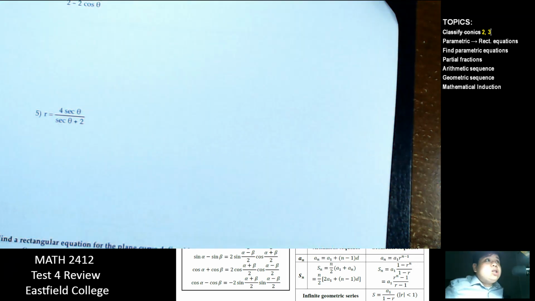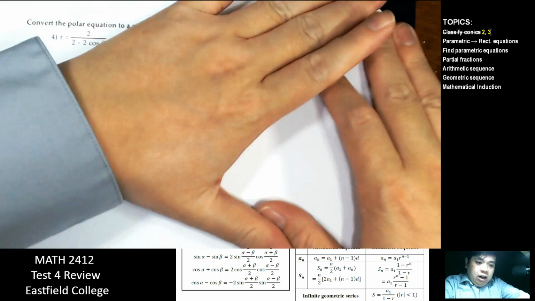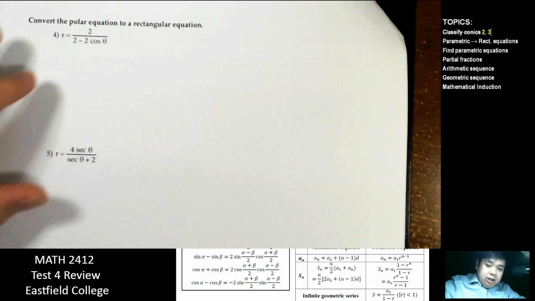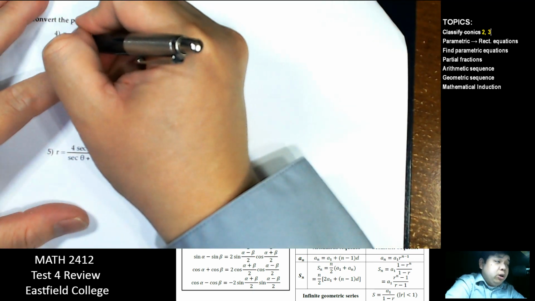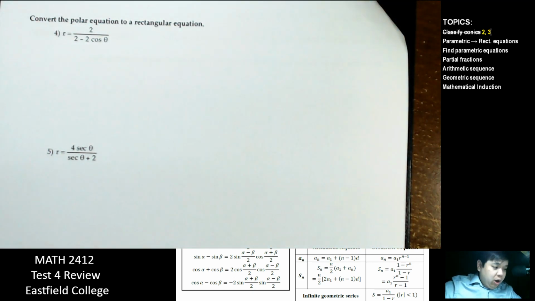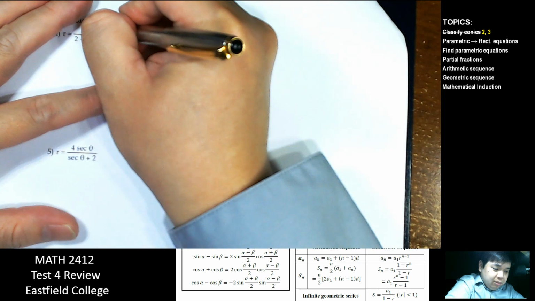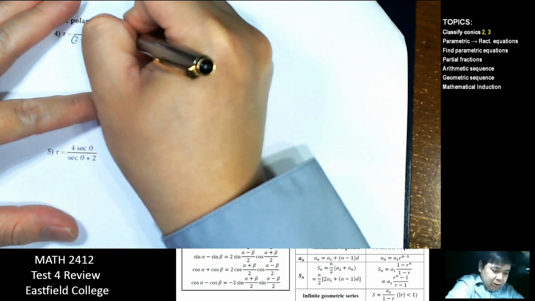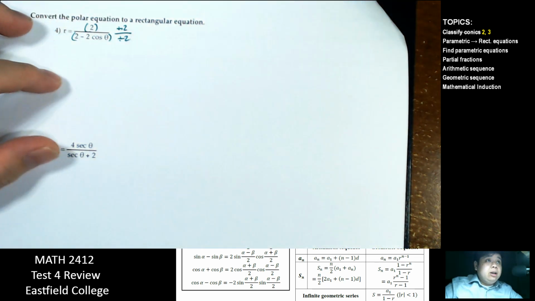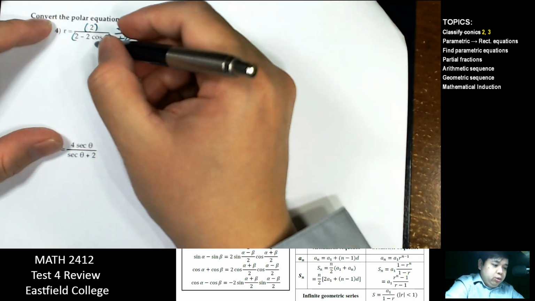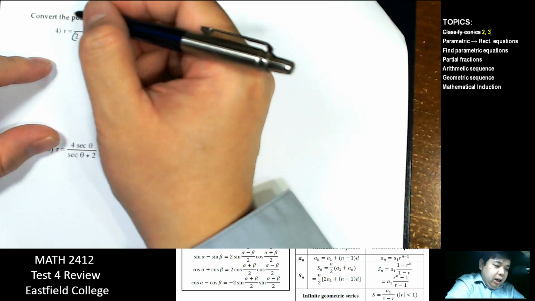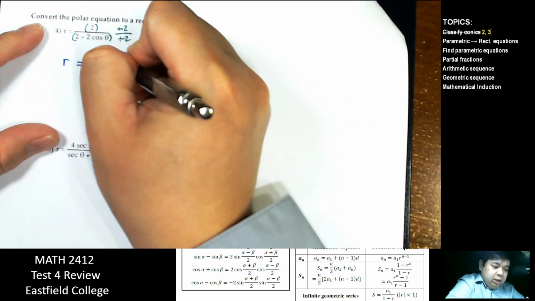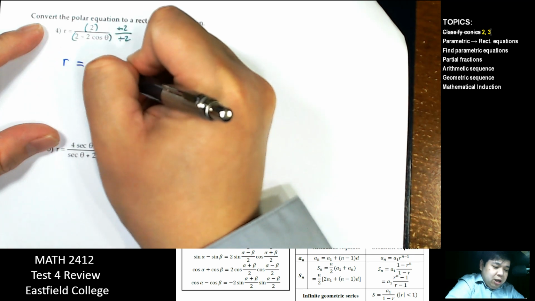Next, we really don't have this in that topic, but I'm going to do that anyway. So first, when we look at this, we see 2 and 2 and 2. So why don't we divide 2 on the top and bottom? So when we do that, we have r equal to 1 over 1 minus cosine theta.